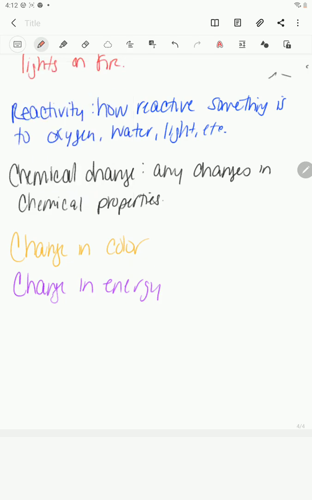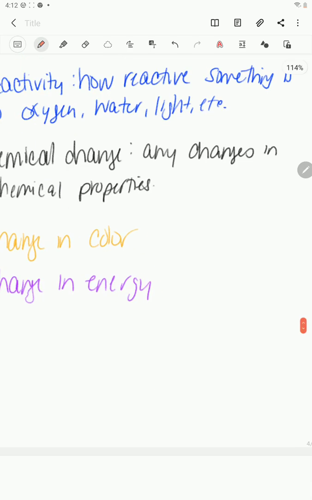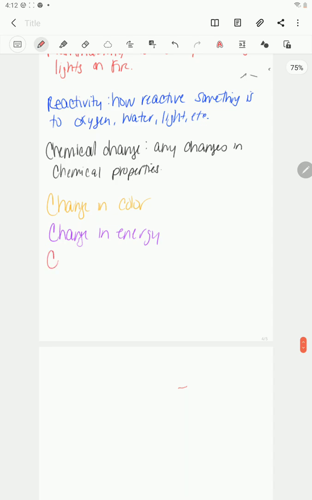We have change in odor, right? So if you leave food in your fridge and it starts to rot, it smells bad, right? So that would be a chemical change because it changed the way it smells.